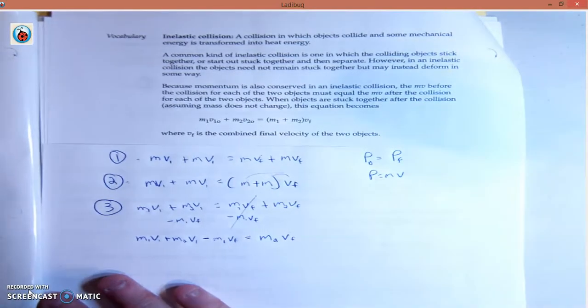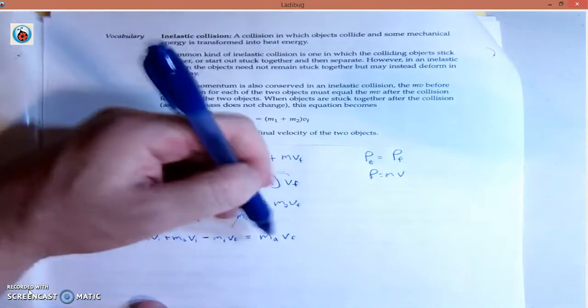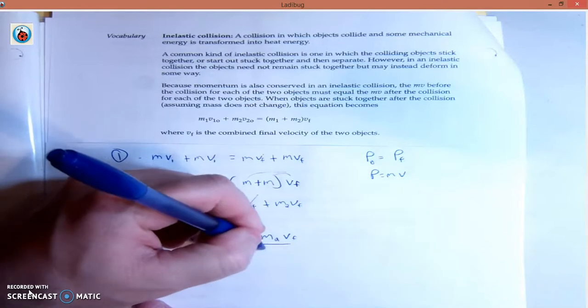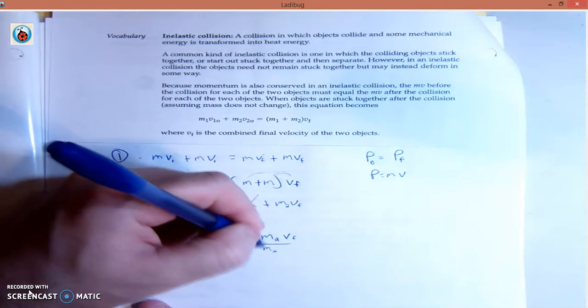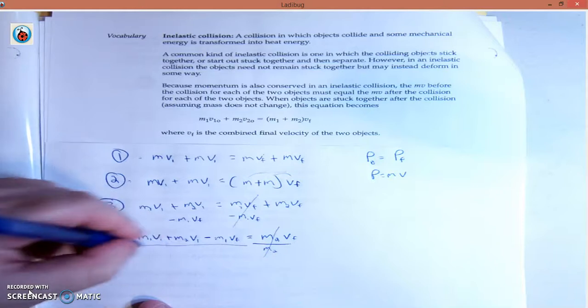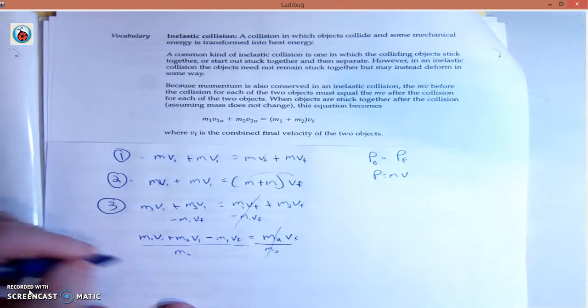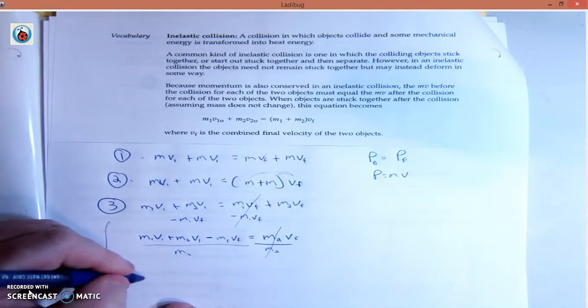We're not done though, because we want to get the final velocity by itself. Now remember, this is multiplying, right? So to make it go away we can divide by the mass of object 2. That cancels, which means this is now divided by the mass of object 2. Now we're going to flip it because we like it in good order.